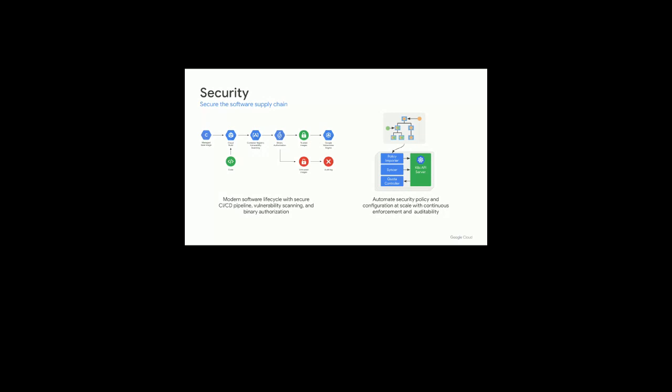And once the artifact or the container starts running on a GKE cluster, there is also what we call binary authorization to make sure that we're actually deploying the right artifact. And once it runs, we have other vulnerability scanning tools that enable you to make sure that you're not running something vulnerable on your clusters.